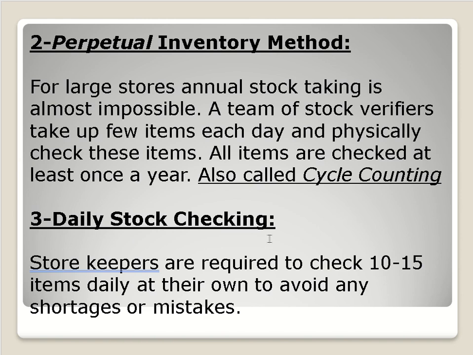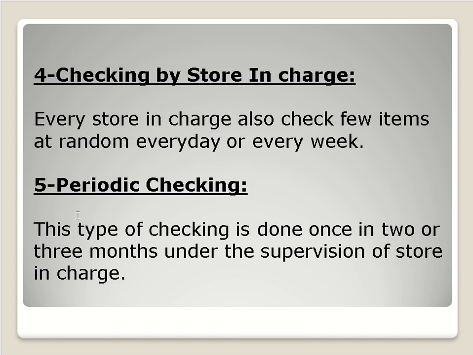And number 2, you're doing like 10 items, 15 items, or 20 items. All right. So cycle counting is the general term actually for 2, 3, 4, and 4, because this one, periodic checking, could be done like a warehouse checking, except that it is shorter.